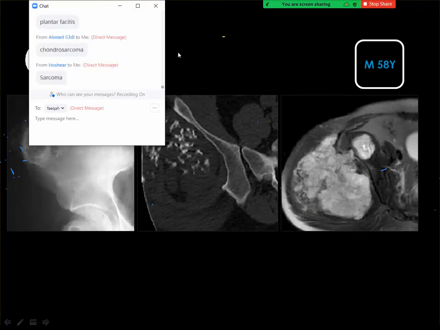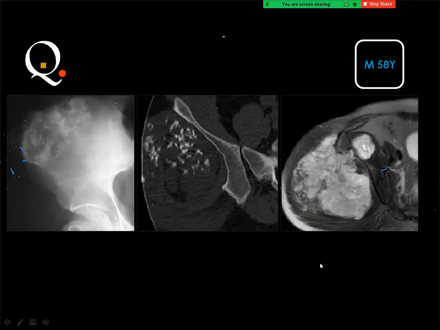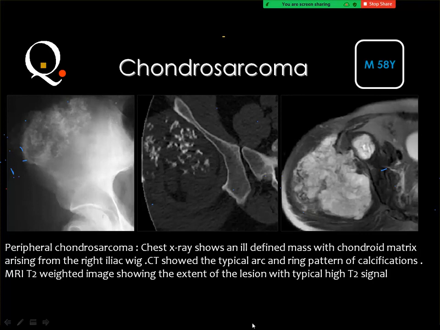Chondrosarcoma, chondrosarcoma. Oh yes, very good. Chondrosarcoma is the right answer because you got a malignant lesion and this lesion contains calcium, although the calcium is not evident on MRI.